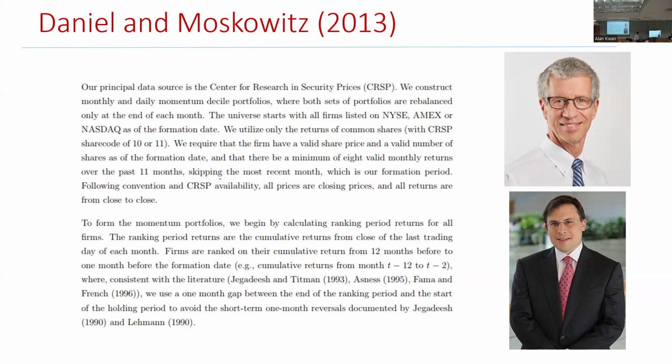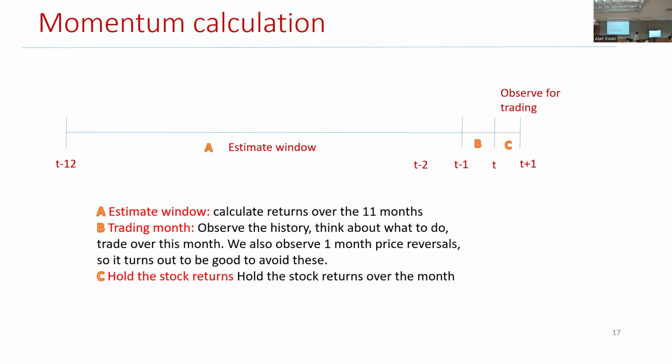So these three sentences, which were not written in the simplest English, mean that cumulative return is you compound the return over this period from T-12 to T-2, okay?